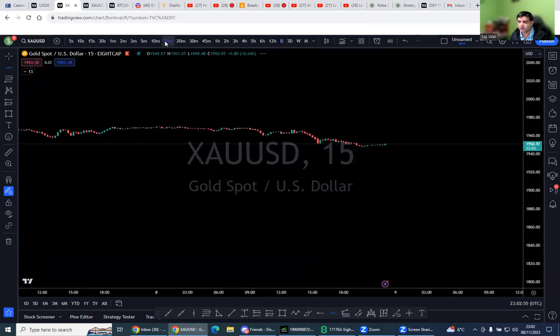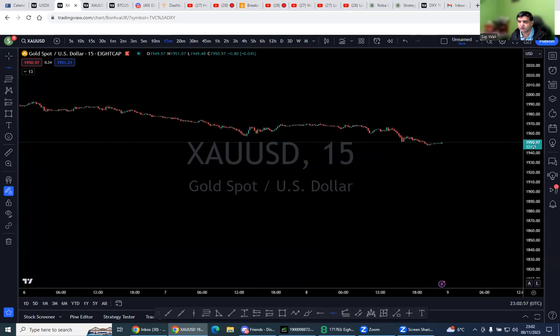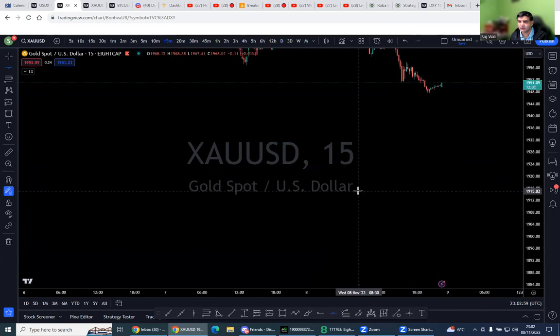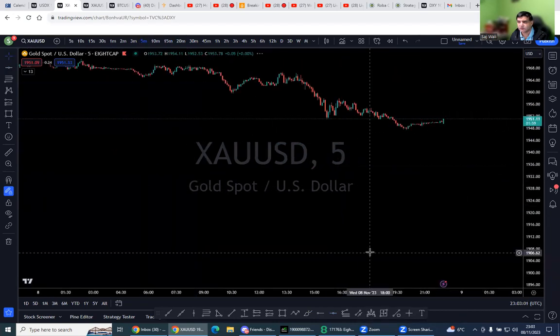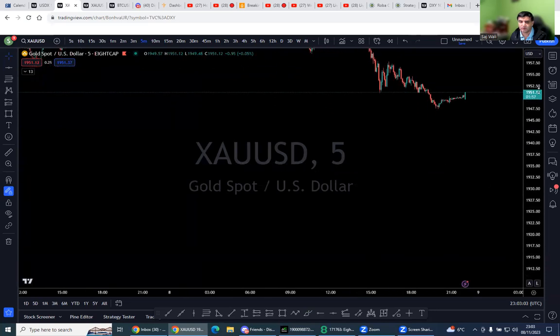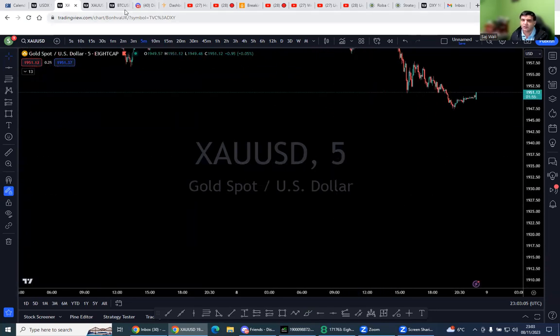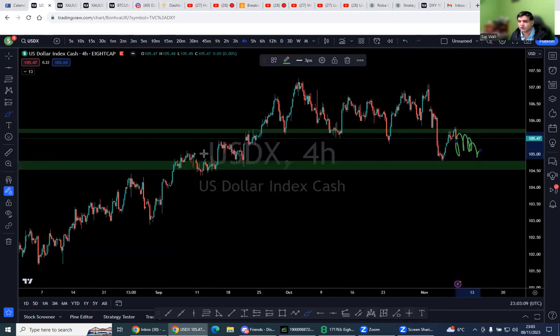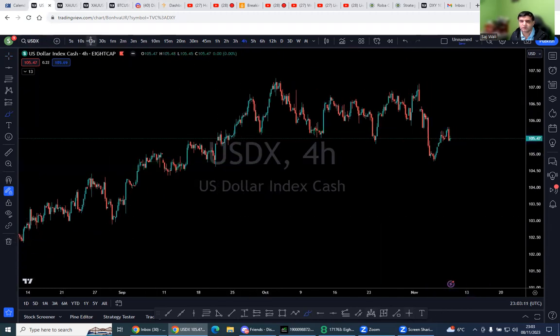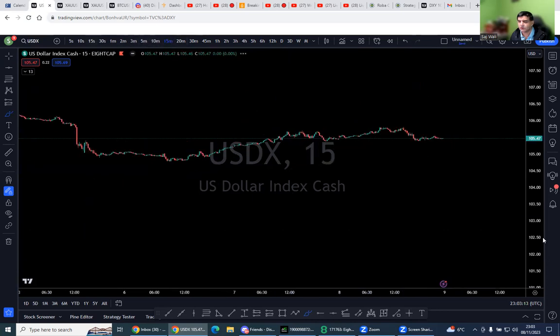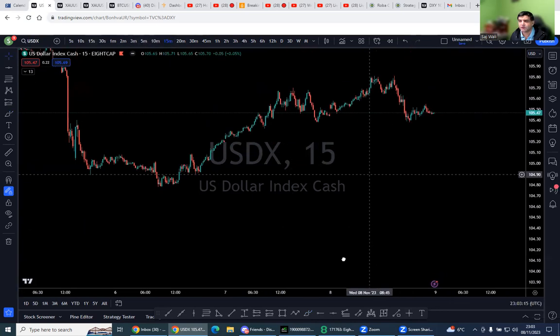Also, one more thing, you can always go into 15 minutes and track changes, what's happening and how the market is moving. And now the market has just opened. It's 11 o'clock UK time. You can see the movement in Dixie as well. And gold is going up right now at this moment of time.